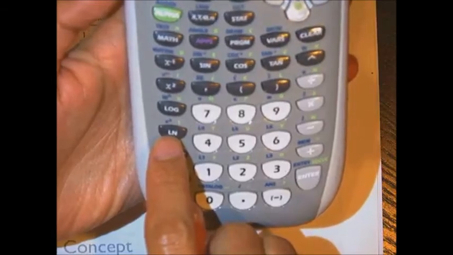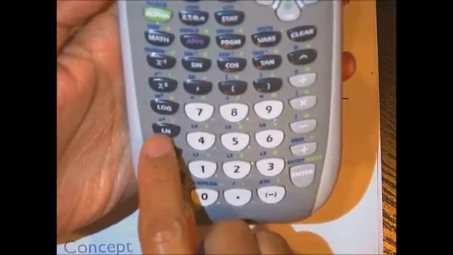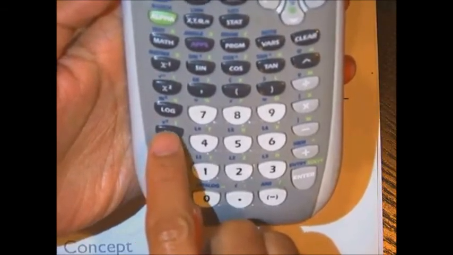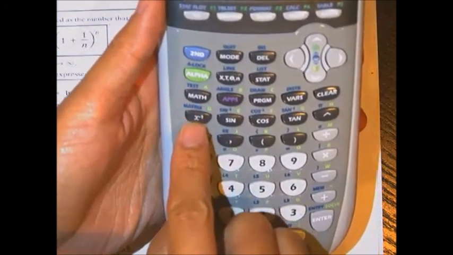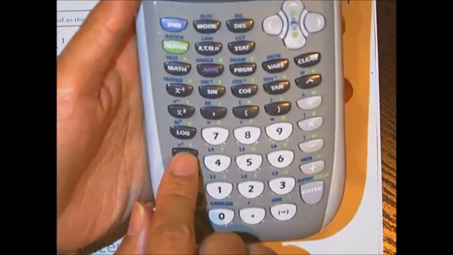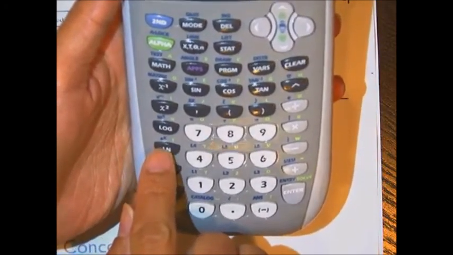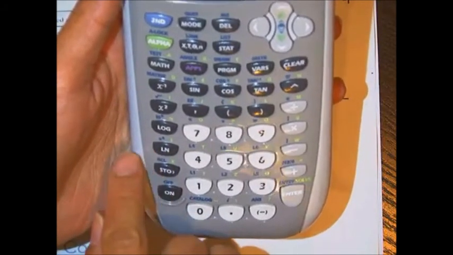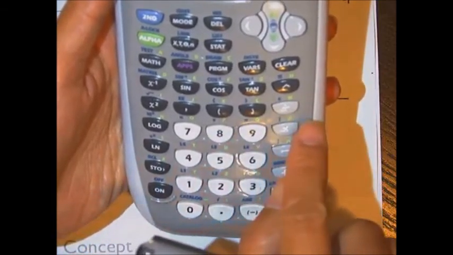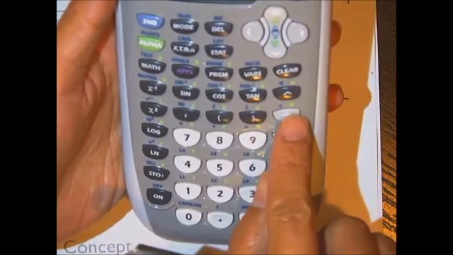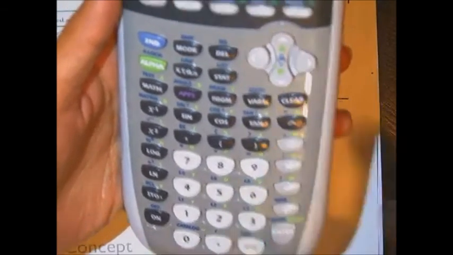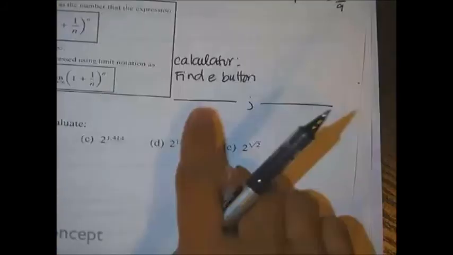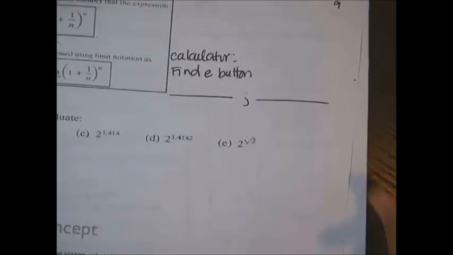The inverse of ln is e to the x. So it's under log, which is the 7th button down on the left. The other location is underneath pi, the 3rd button down from the right. Those are your 2 locations, and you can write those in.